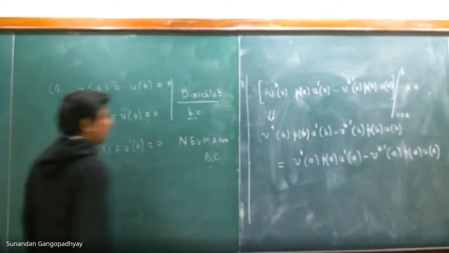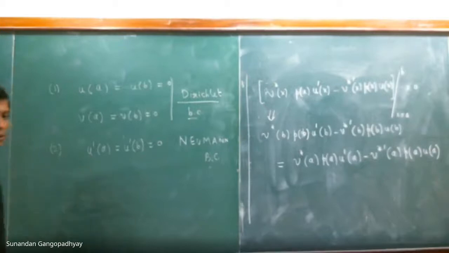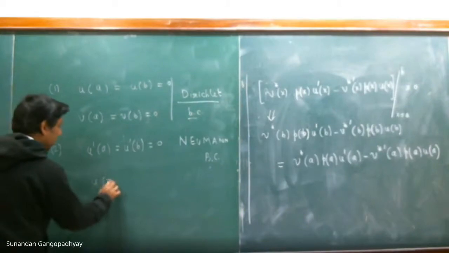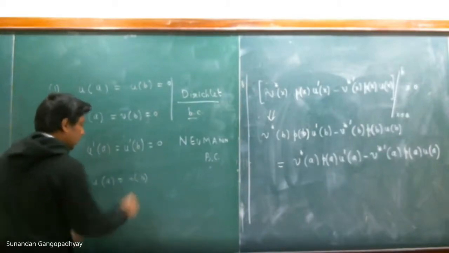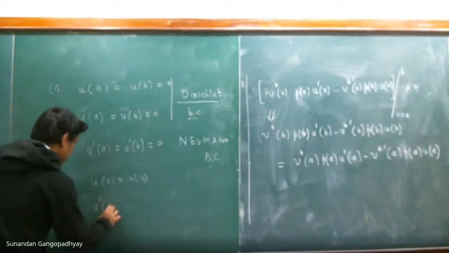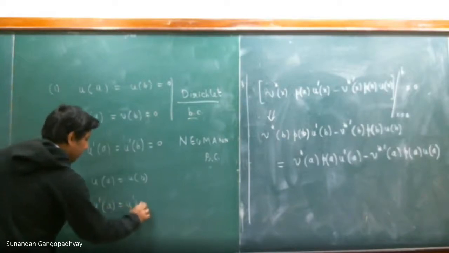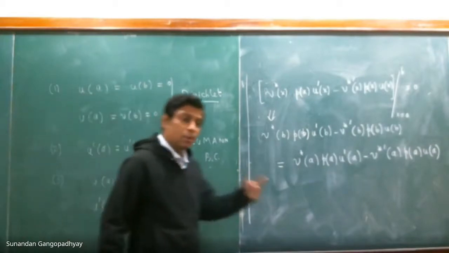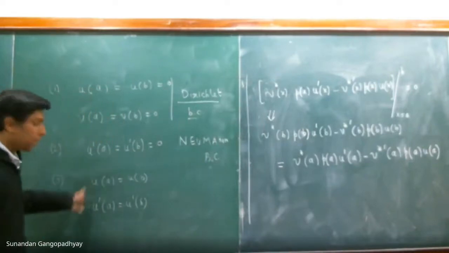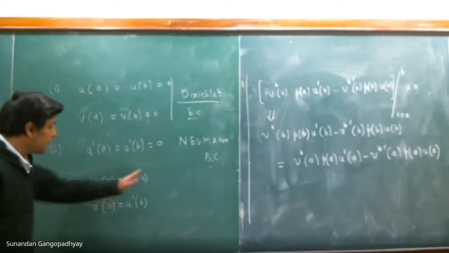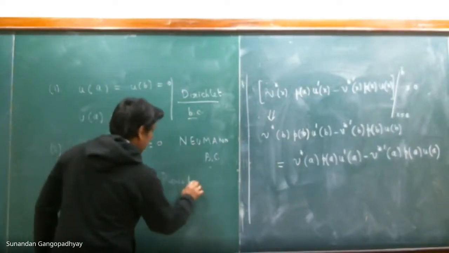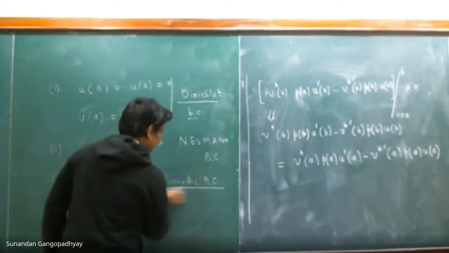The third is u(a) equal to u(b), but they are not equal to 0: u(a) is equal to u(b) and u prime a is equal to u prime b. This u prime a basically means du/dx evaluated at x equal to a. The same set will hold for v's also. This is called the periodic boundary condition. This is periodic, this is Neumann.